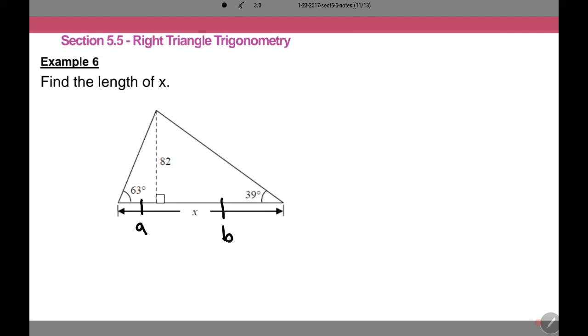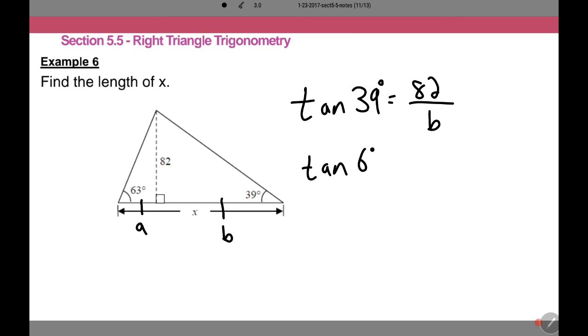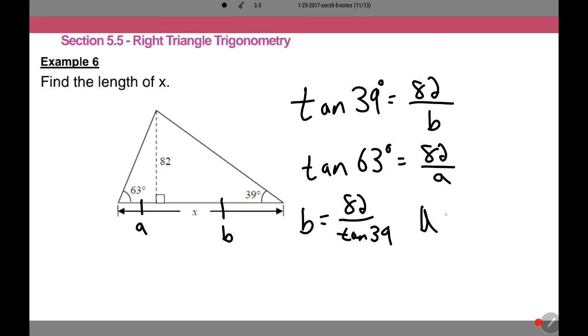So then we just have to set up two things. 39 is here, 82 is across from it, so that's opposite, and B is adjacent, so that's going to be tangent 39 equals opposite 82 over B. And for A, we're going to do the tangent of 63 degrees equals 82 over A. So my B value is 82 divided by the tangent of 39, and my A value is 82 divided by the tangent of 63.